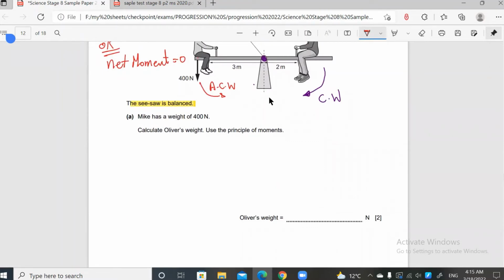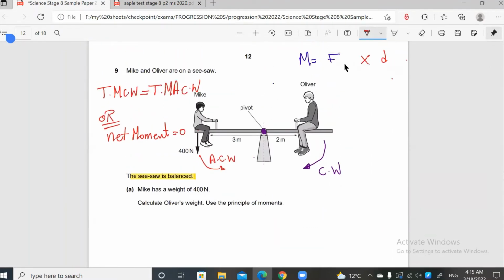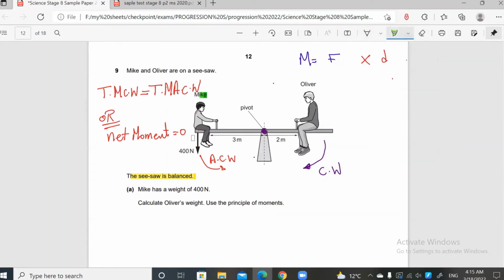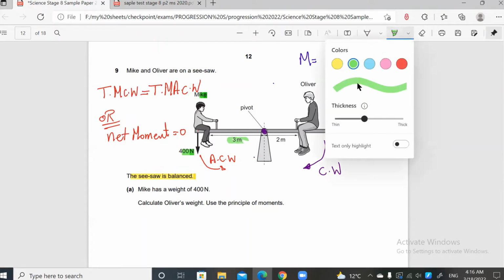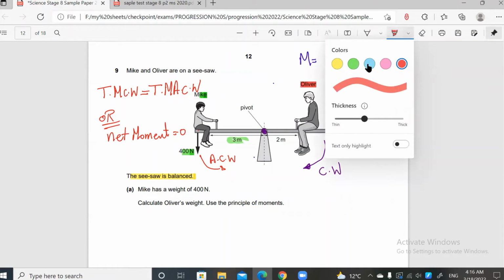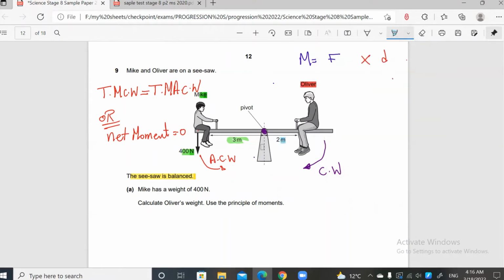Mike has a weight of 400 Newton, and his distance away from the pivot is 3 meters. For Oliver, we don't have the weight, but we have the distance away from the pivot, which is 2 meters.